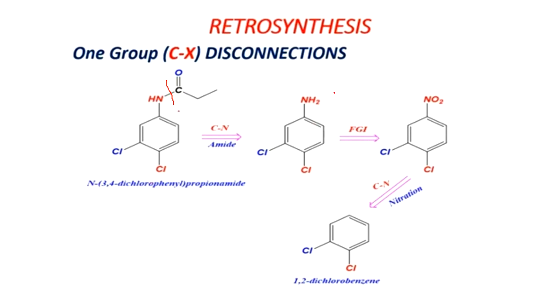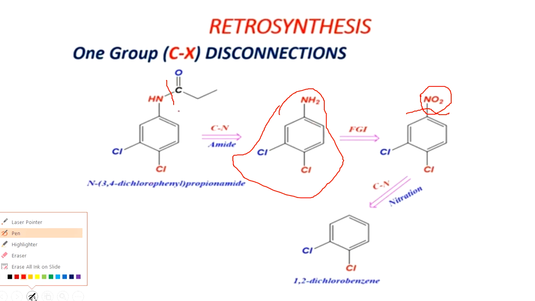After that we are getting this amine compound. Then we have to convert this NH2 group into an NO2 group, so we can proceed with a nitration reaction easily. So after FGI we are breaking this bond here.